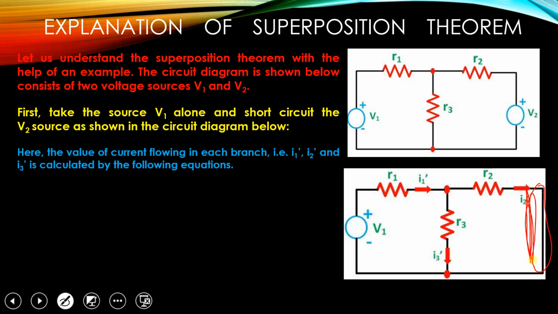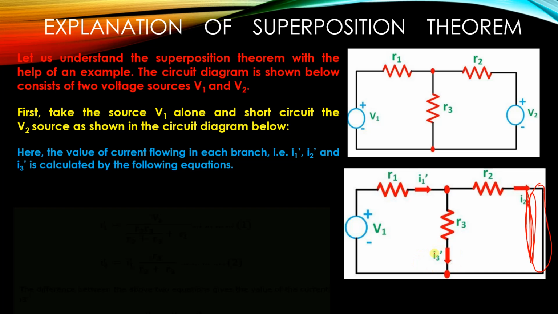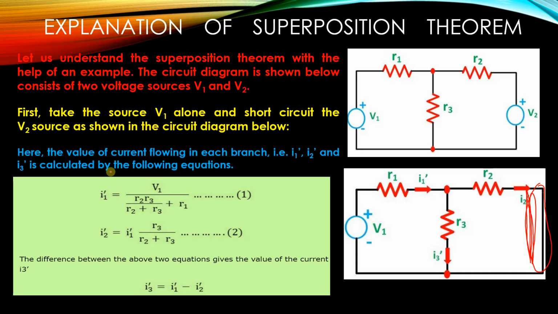This is the short circuit, and the directions of current according to this voltage source are I1 dash, I2 dash and I3 dash. So the value of current flowing in each branch is I1 dash in R1, I2 dash in R2 and I3 dash in R3. Next, we find the values of I1 dash, I2 dash and I3 dash.